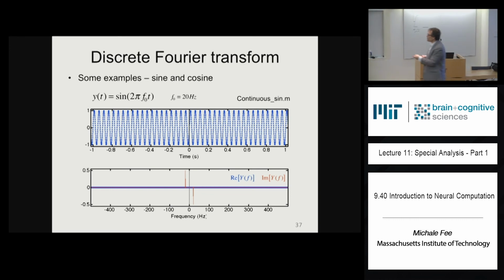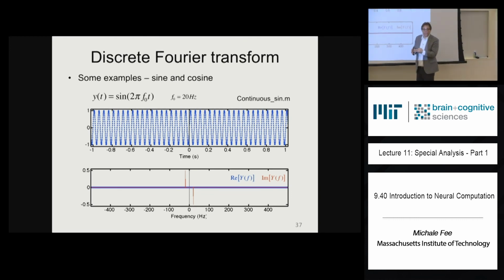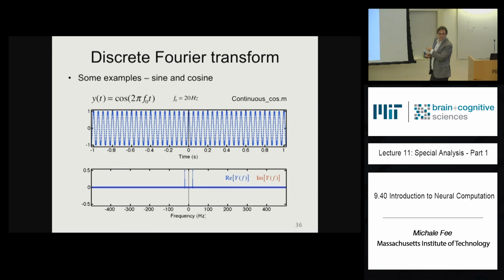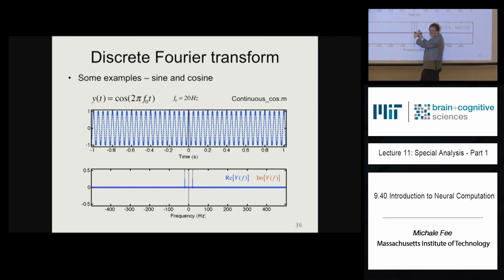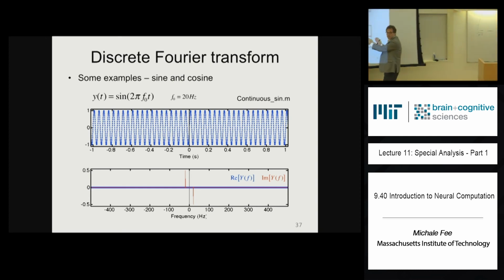Remember, we can write down any arbitrary function as a sum of sines and cosines, which means we can write down any arbitrary function as a sum of these little peaks and these peaks at different frequencies.